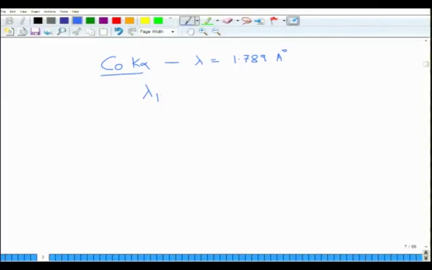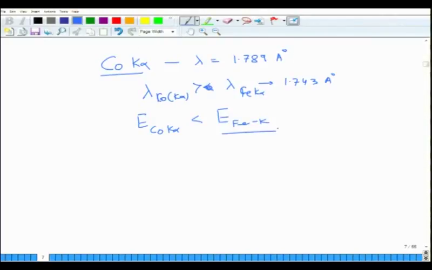So this lambda is higher than the lambda of iron FeK alpha, which, as I said, is 1.743 angstrom. Which means the energy of CoK alpha is lower than the energy of FeK, so there will be no absorption. Basically the same concept of the absorption edge.